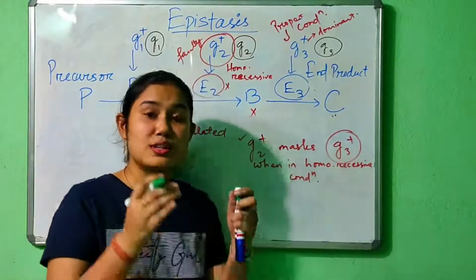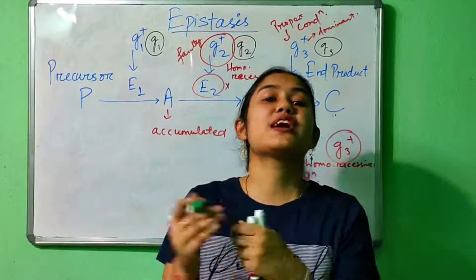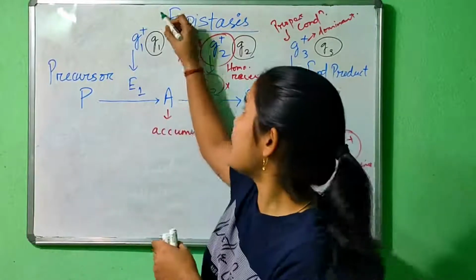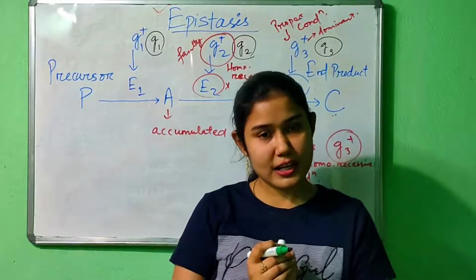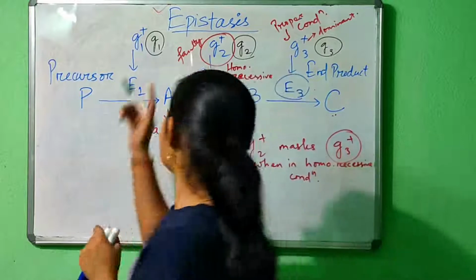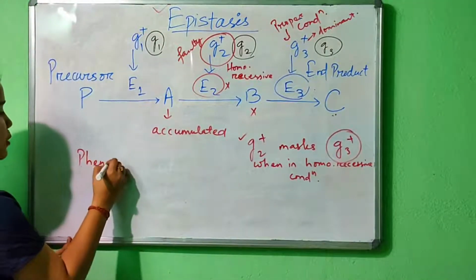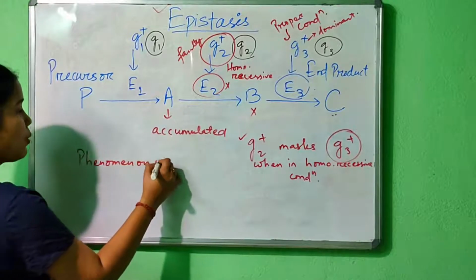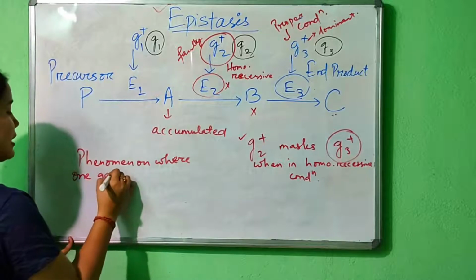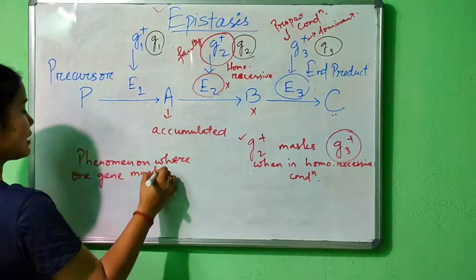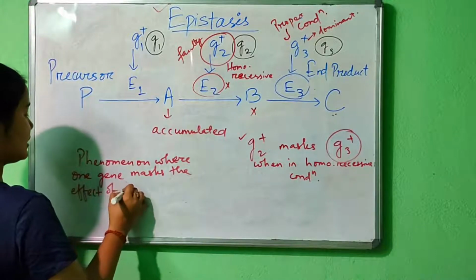So the phenomenon where one gene masks the effect of the other gene is known as epistasis. Understood? So what is epistasis? Epistasis is the phenomenon where one gene masks the effect of other gene.